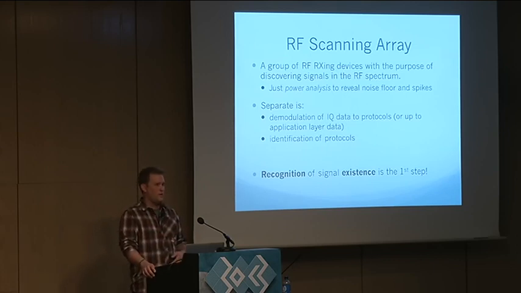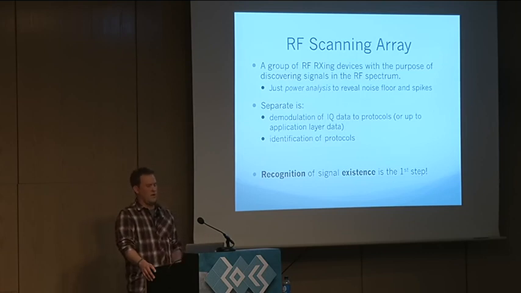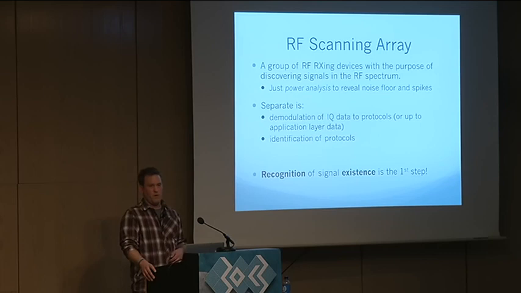Different from this is demodulation and analyzing the actual protocols that are going over the spectrum, and identification of those protocols. But as I alluded to just before, recognition of the existence of a signal is the first step to actually moving forward.